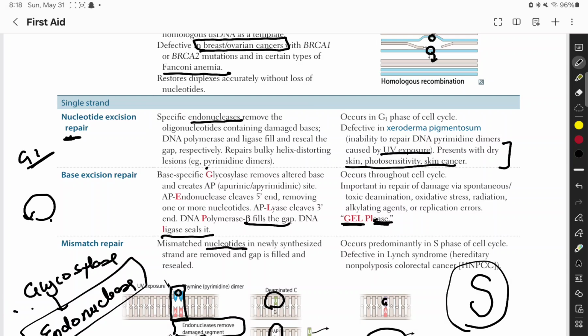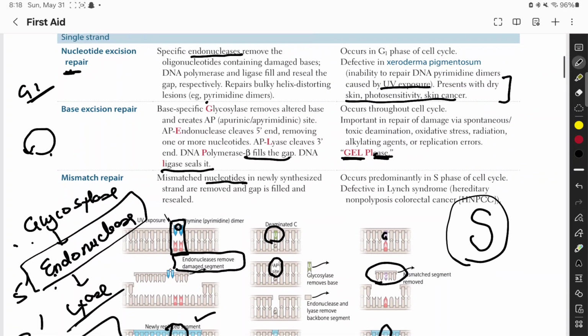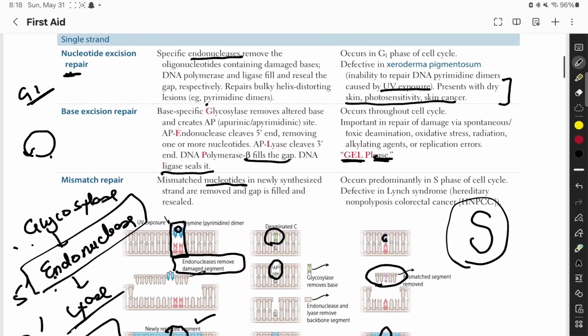This is the repair phase of the cycle. Then you use base excision repair throughout the cell cycle because this is a long process. Think of it that three enzymes are being used, so this continues throughout the cycle. Then for mismatch repair, a particular nucleotide is mismatched, so you have to remove it immediately as the DNA is synthesized. So this occurs during S phase.